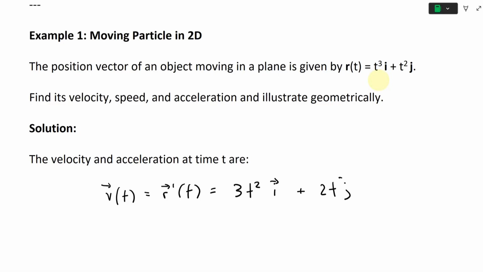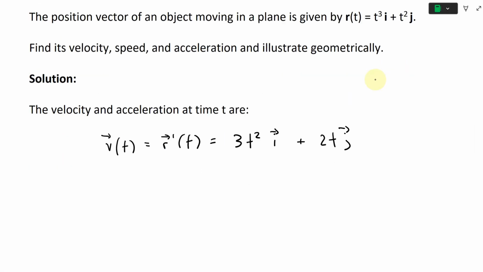This is going to be the j vector. And likewise, the acceleration equals the derivative of the velocity, which is the second derivative of the position vector. So this equals r double prime of t. Take the 3t squared down, it's going to be 6t, so put the 2 down and subtract 1 from the power. So 6t i plus 2j, like that.